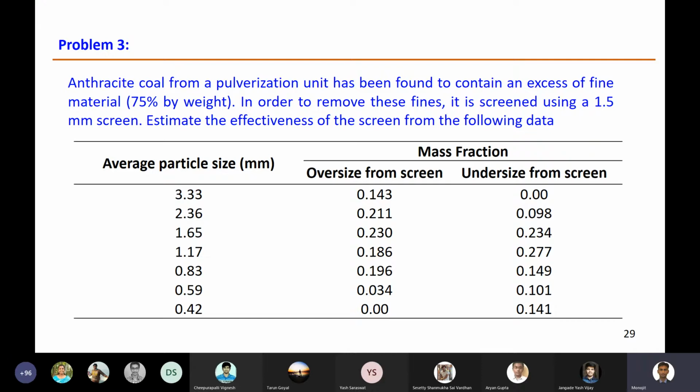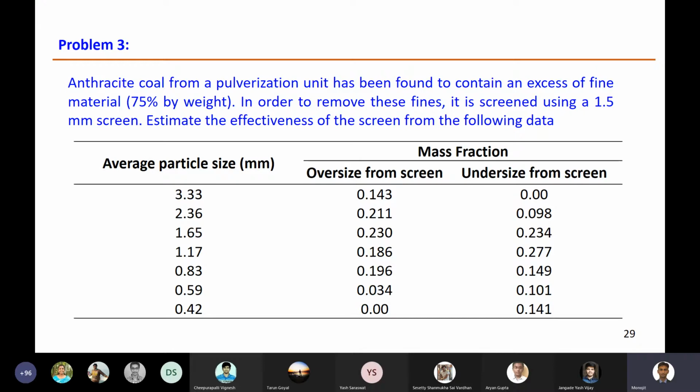We understand that we are given a sample which is nothing but an output of a unit, the pulverization unit, the sample is coal, which contains fine materials, around 75% is fine, and we want to remove these fines, and for that we will be using a screen which is 1.5 millimeter of aperture. Now what data is given in the table? The average particle size, oversize from screen, undersize from screen.